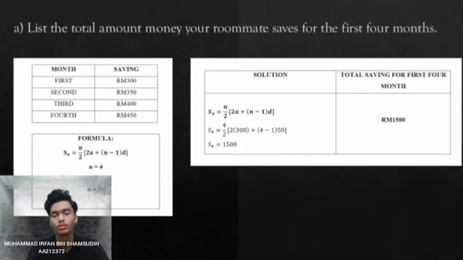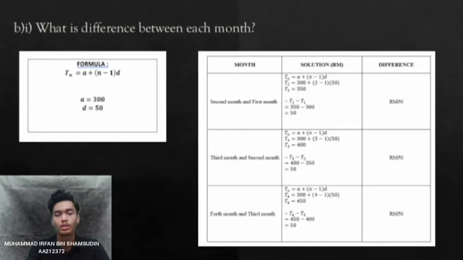And continue to question B1. What is the difference between each month? The formula is Tn equals A plus bracket n minus 1 multiplied by D. So we know that A equals 300 and D equals 50.